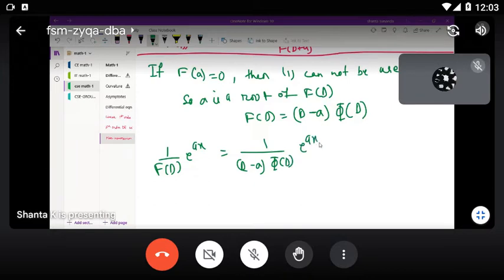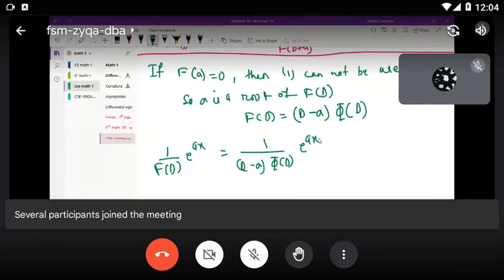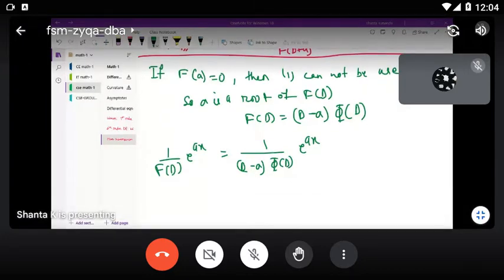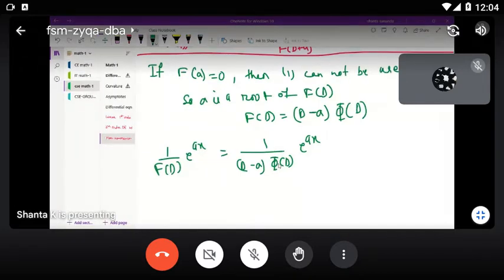Now phi of d, if a is a root, and phi of a not equal to 0 now. So d minus a is a factor of f of d, that's why we write it like this. Now this phi of d, we can use the first formula here, if phi of a not equal to 0.